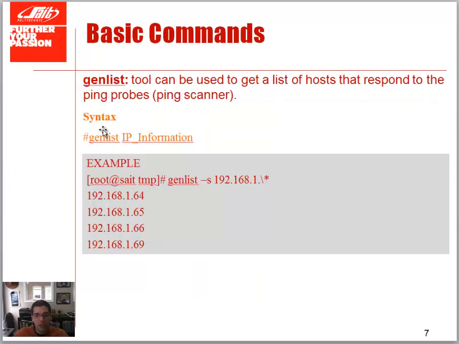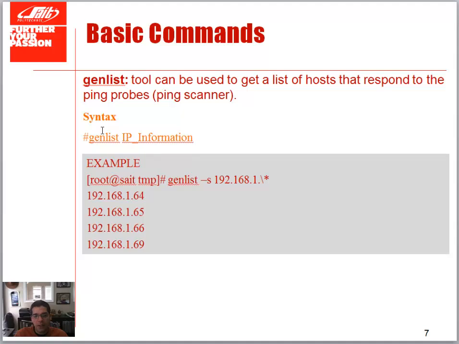The next option is basic commands to work on this lab that we have for today's class. Genlist is a command, actually an application on Backtrack, used to list the live hosts available on the network.